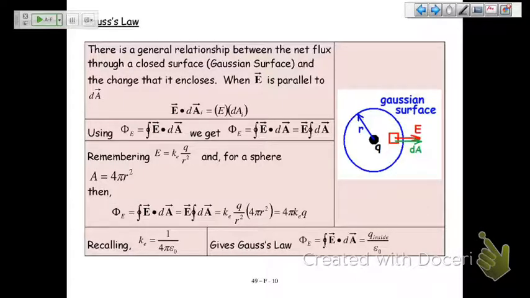And what we're going to do is link the net flux to the charge inside the surface. That's where we're headed. And then later on, we'll find the electric field by knowing the charge inside the surface.